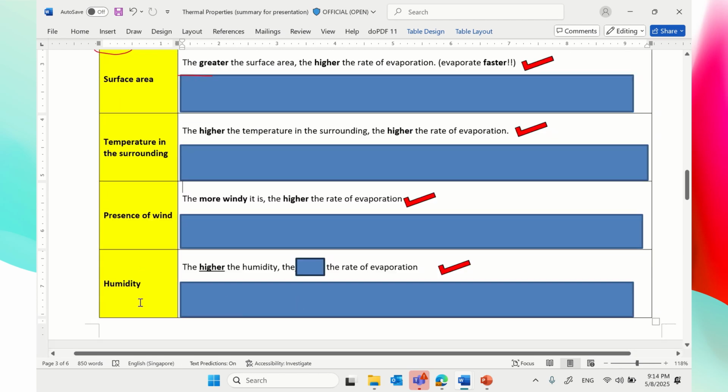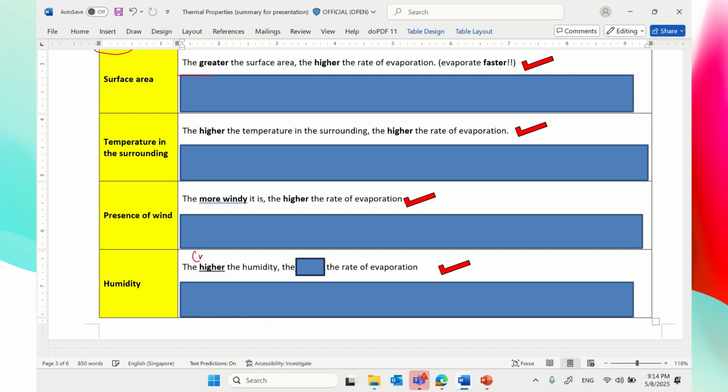The only one that is opposite is humidity. The higher the humidity, you know what that means? It means there are more water molecules in the air.